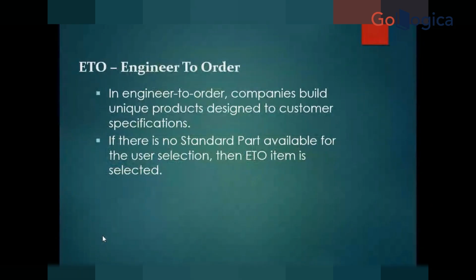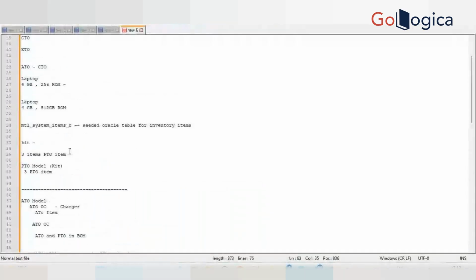Now engineer to order, ETO. This will be a very rare case. Suppose you have this configuration, 256 standard one, but you say, I don't want 256 ROM, I need something like 512 SSD built in along with this configuration.